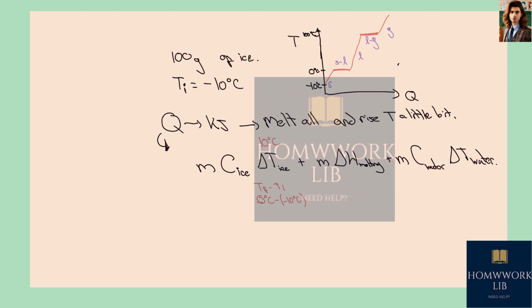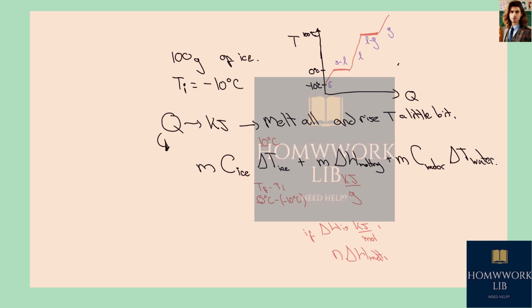Next up, we're going to have the process corresponding to the melting. And over here, the enthalpy for melting, you need to provide it in either joules or kilojoules per gram. And in the case that you have it in kilojoules per mole, so if delta H is in kilojoules per mole, then the formula changes a little bit, and instead of having m, you're going to have n as in the amount of moles.